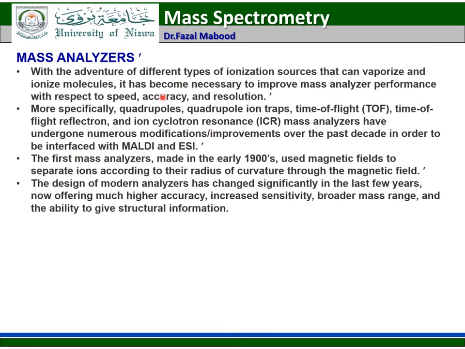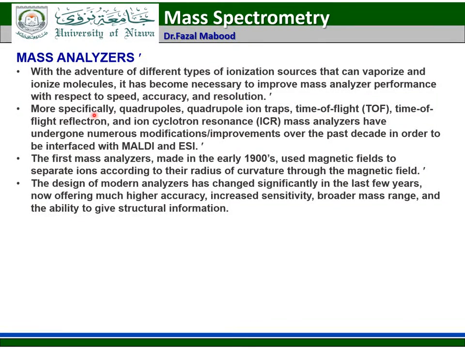A very important part of the mass spectrometer is the mass analyzer. With the advent of different types of ionization sources that can vaporize and ionize molecules, it has become necessary to improve mass analyzer performance with respect to speed, accuracy, and resolution.